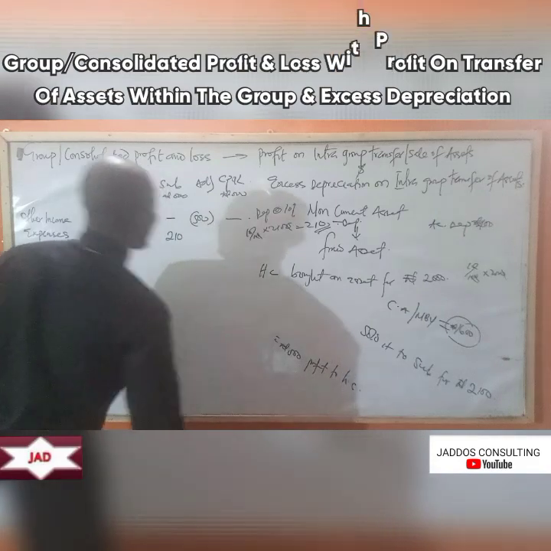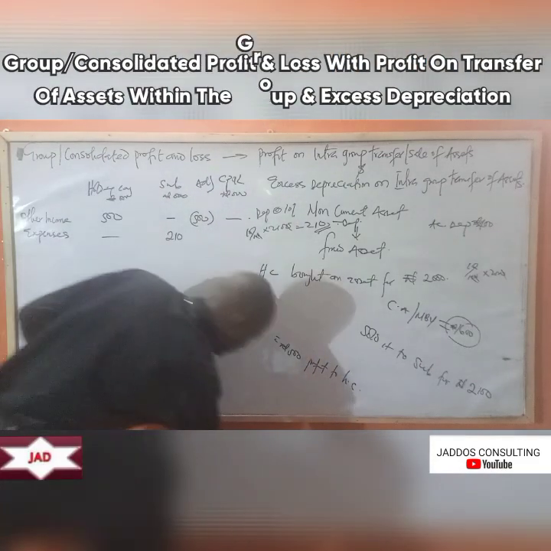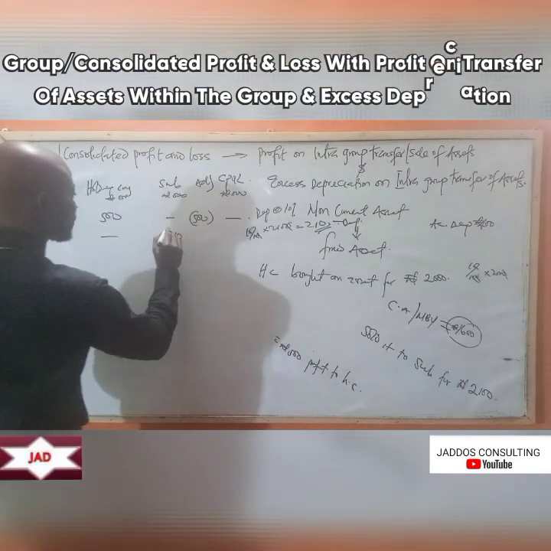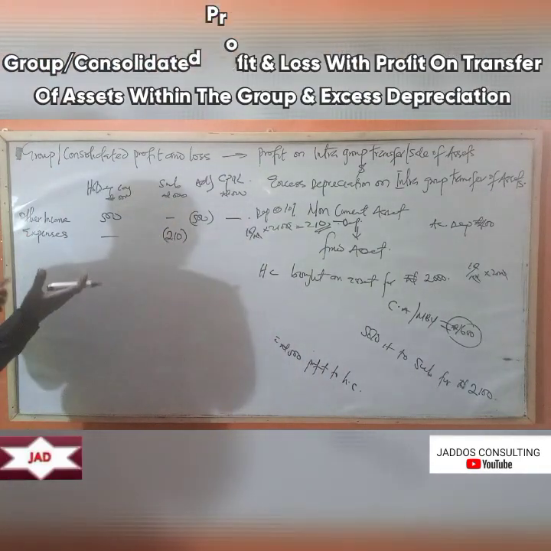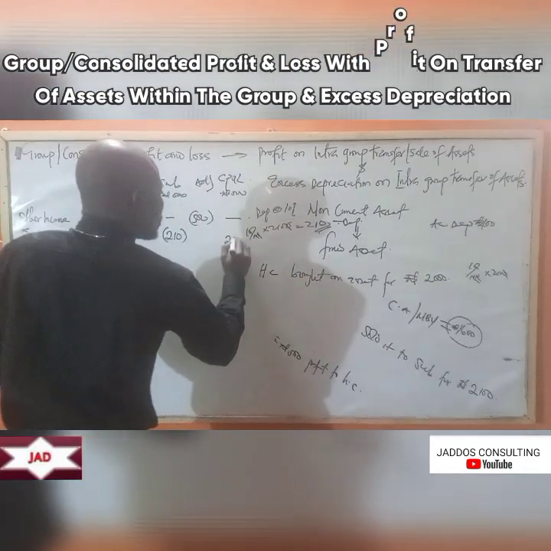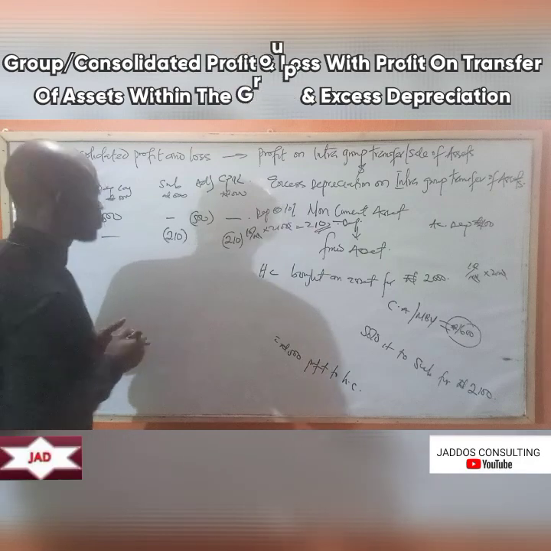Do you understand? So this is an expense to the subsidiary. So at group level, it would have been 210 like this, right? Good.